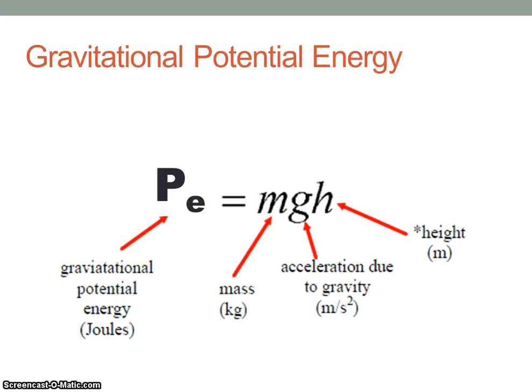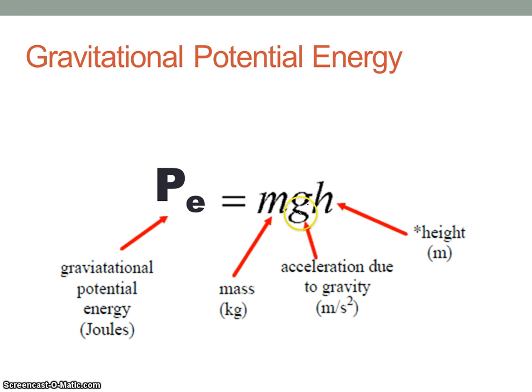So here is our formula for potential energy. Potential energy is also measured in joules. So both kinetic and potential energy are measured in joules. And we see here again that it's mass times gravity times height.